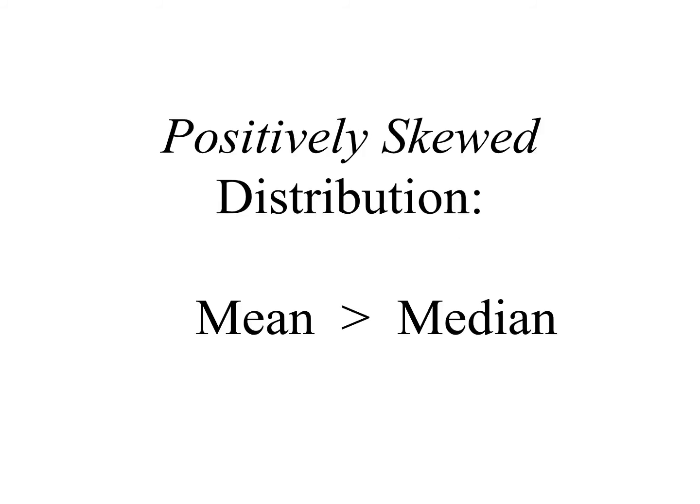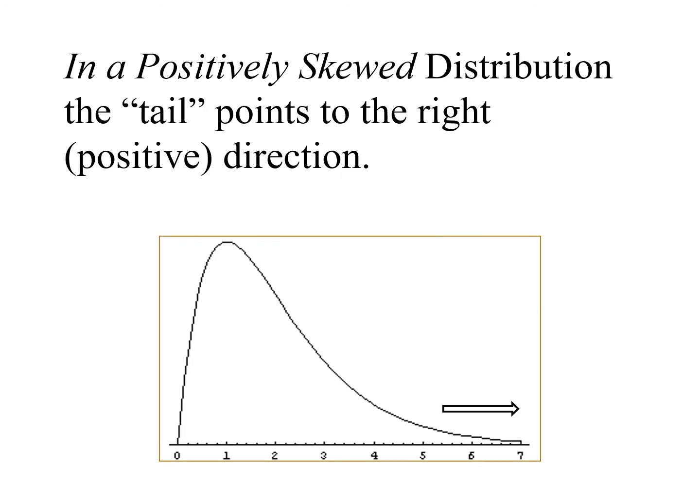Next, let's talk about positively skewed distributions. If a distribution is positively skewed, the mean is greater than the median. A distribution is positively skewed if it's shaped like this. Most individuals are on the left side of the histogram, so there's a big hump there.